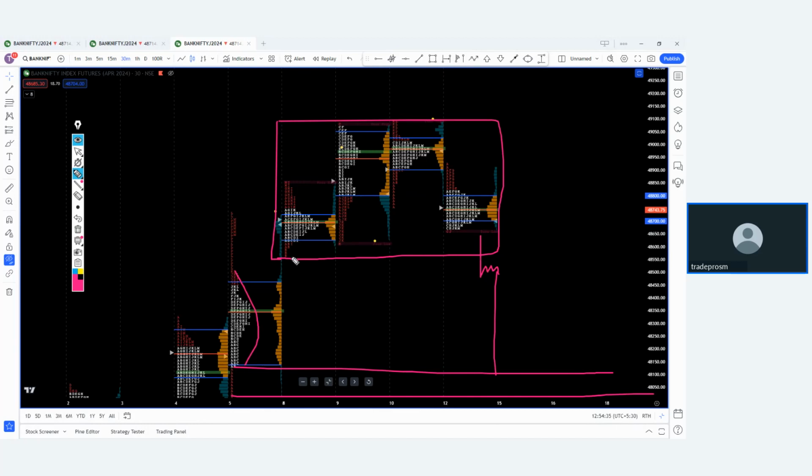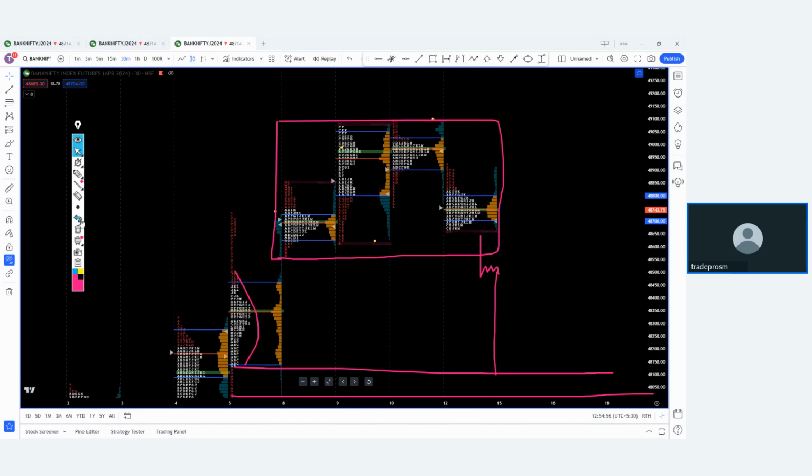So once you sustain below this 4-day balance low, then it is easy. It is Monday, Tuesday, Wednesday. One day holiday was there, so it was a weekly low also. So weekly low, 4-day balance low, sustain below this 4-day balance low, and it can drop straight away to 4800 or 4850.